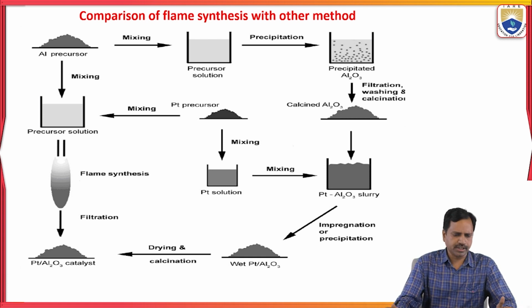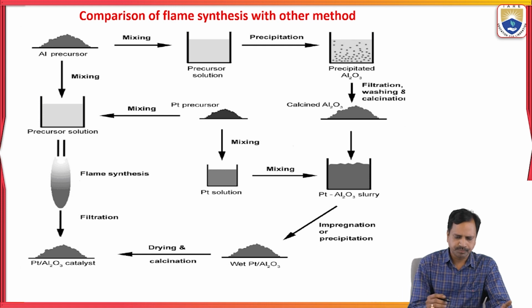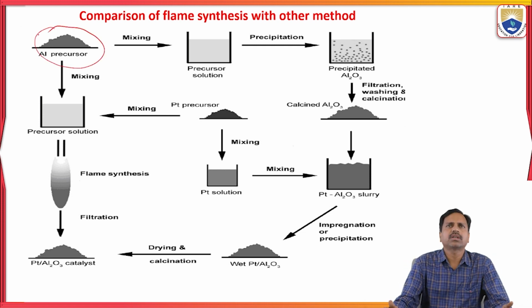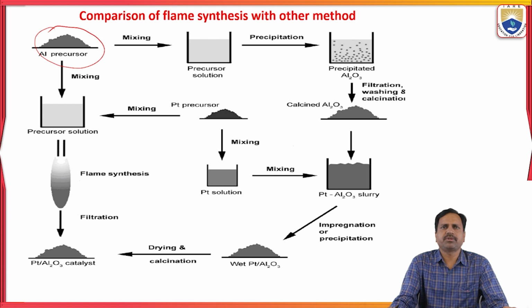The advantage of the flame synthesis method is, suppose we take this as our precursor material. I will explain how platinum doped aluminum oxide will be synthesized.